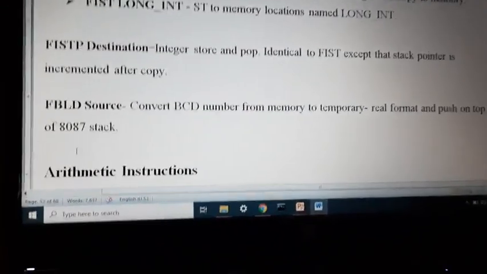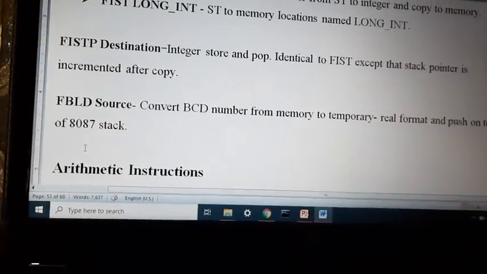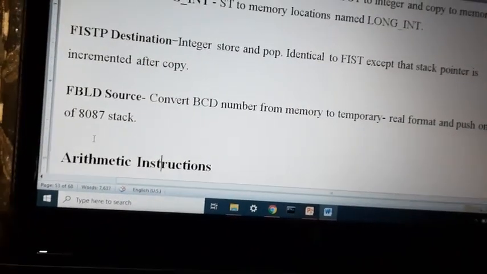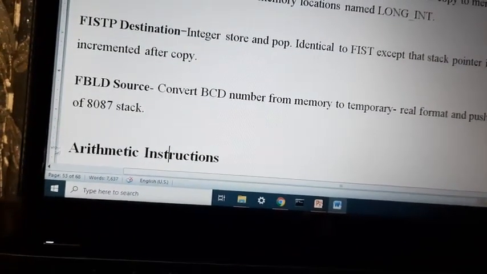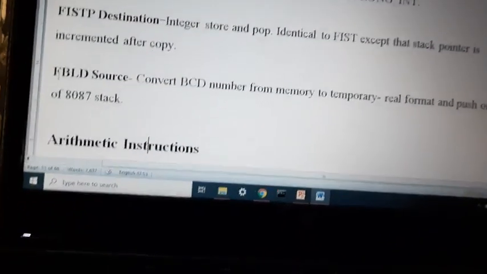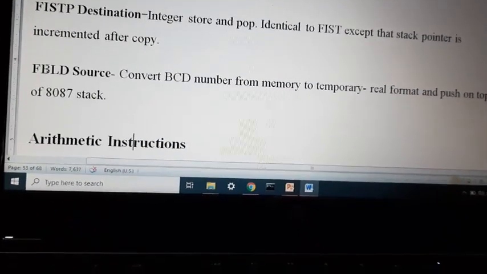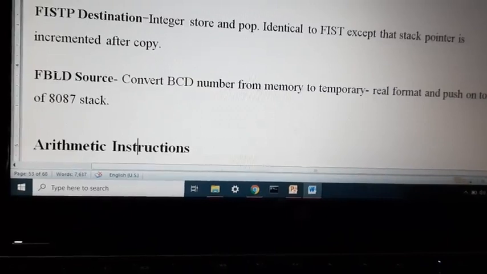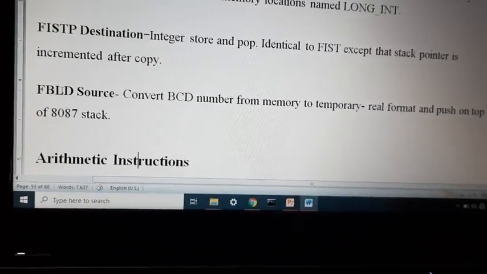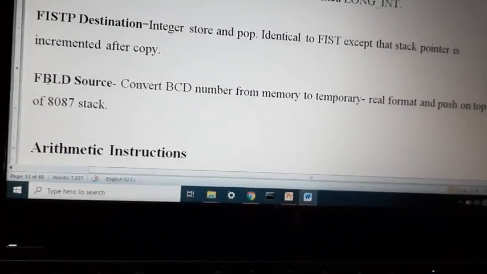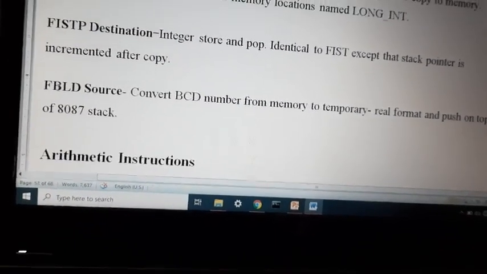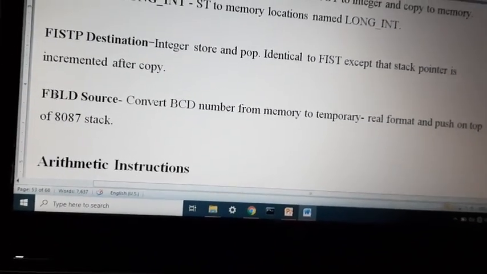Then for packed BCD data transfer, that is the third type of data transfer, we are having the FBLD, that is same like FILD. Integer load, now here it will be a BCD load. It means we have to perform the load operation, but first convert the given content into the source into the real format and then load it onto the stack.